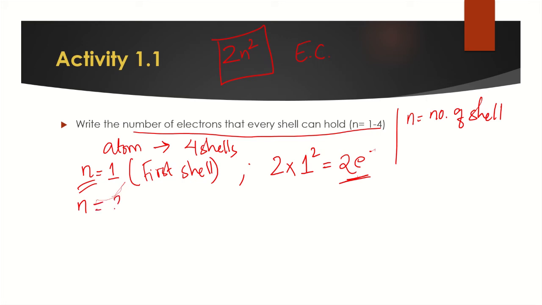Now if n is equal to 2, this means the second shell.